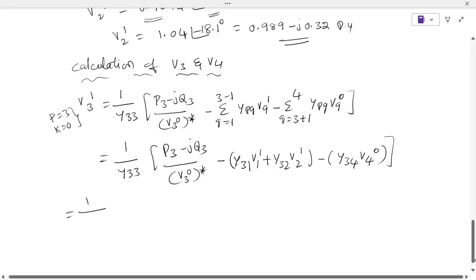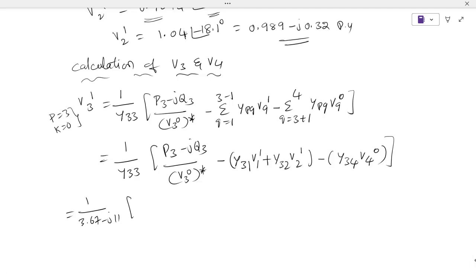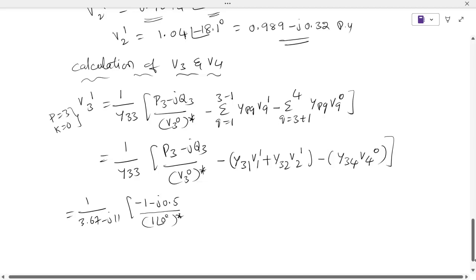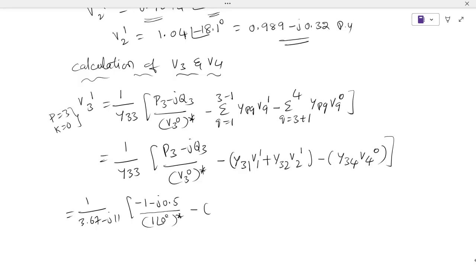1 by Y33 is 3.67 minus j11, P3 value. See in the table given in the problem, that is minus 1, minus jQ3, also given 0.5, by V3, that is as per the flat voltage profile V30 is 1 at an angle 0, conjugate, minus Y31 from the Y-bus matrix, minus 1 plus j3, into V11, the slack bus voltage 1.04.